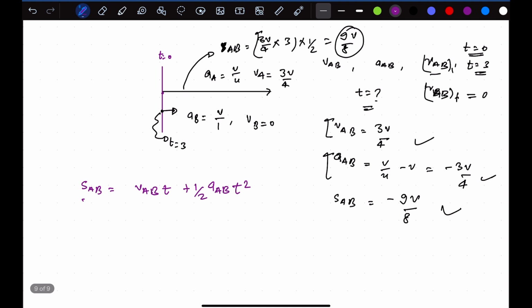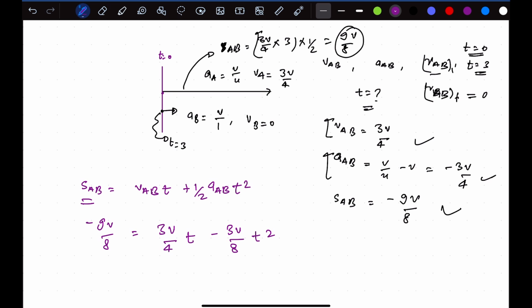So S_AB, minus 9v by 8, equals u_AB, which is 3v by 4, times t, and a_AB is minus 3v by 4, so it becomes minus 3v divided by 8 t square.